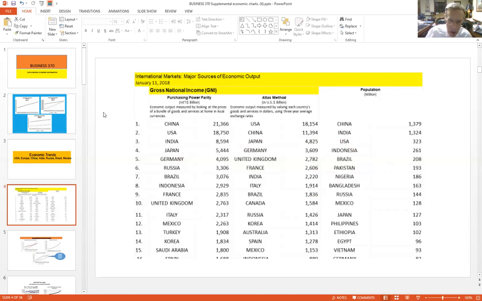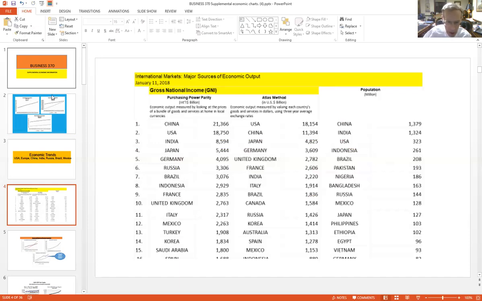But when we convert Indian rupees into purchasing power in terms of goods and services, what those rupees can purchase, now we see that India's economy already is number 3.